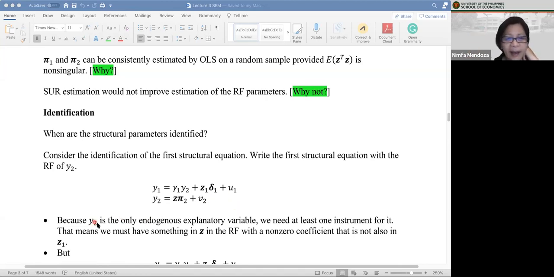Okay, so note that since y sub 2 is the only endogenous explanatory variable in the first equation, y sub 2 is an endogenous variable, then we need at least one instrument for it, right? y sub 2 would be correlated with u sub 1, okay?